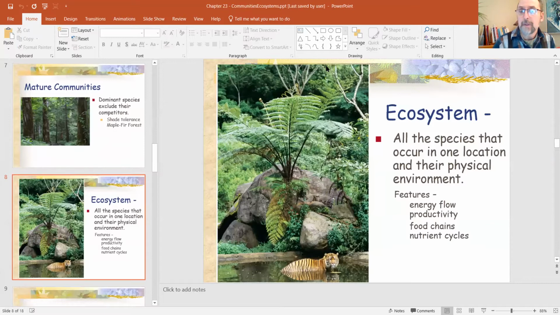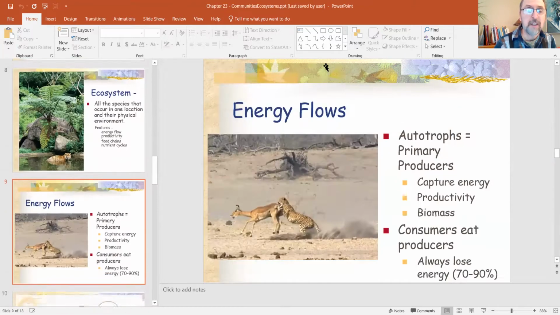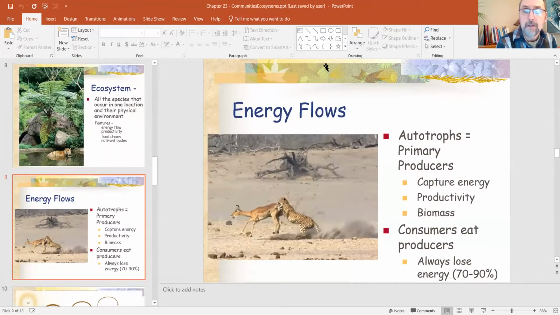I want to say a little bit about ecosystems too, because we can also study energy and nutrient cycles and food chains and things like that. And we know that energy that's first captured in plants by the producers winds up in animals that eat the plants, the grazers. And then some of that energy can wind up in a carnivore, a consumer.